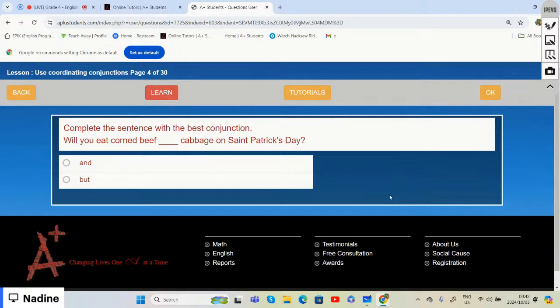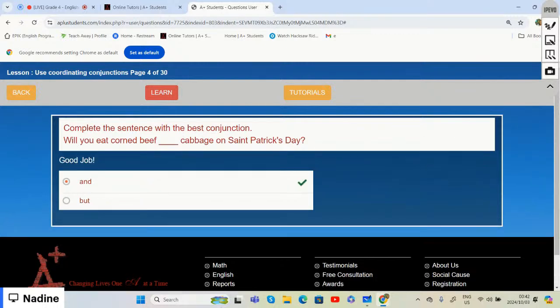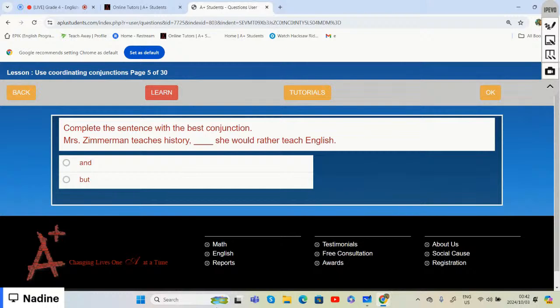All right, so we will say, will you eat corned beef and cabbage on St. Patrick's Day? So, yes, well done. Option one is correct.